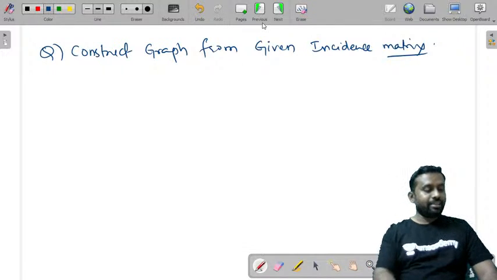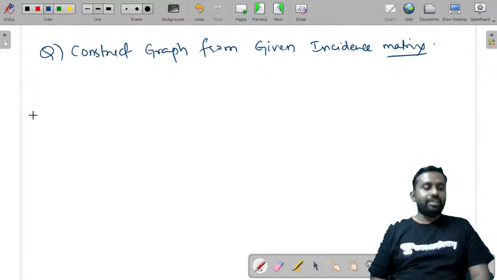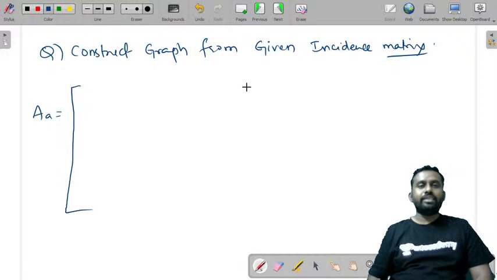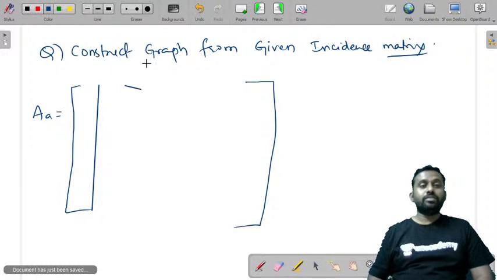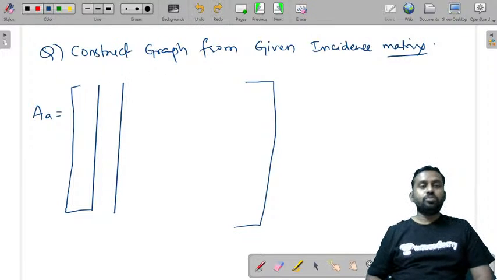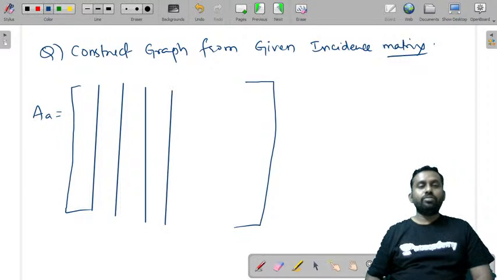Now let us say there is a graph, there is a complete incident matrix given to us. Let us take one big complete incidence matrix like this, and I'll write the values. Let us separate them one by one. One, two, three, four, five.